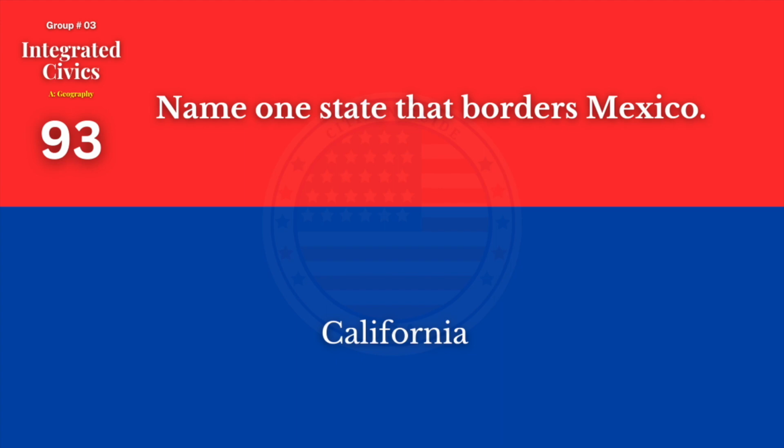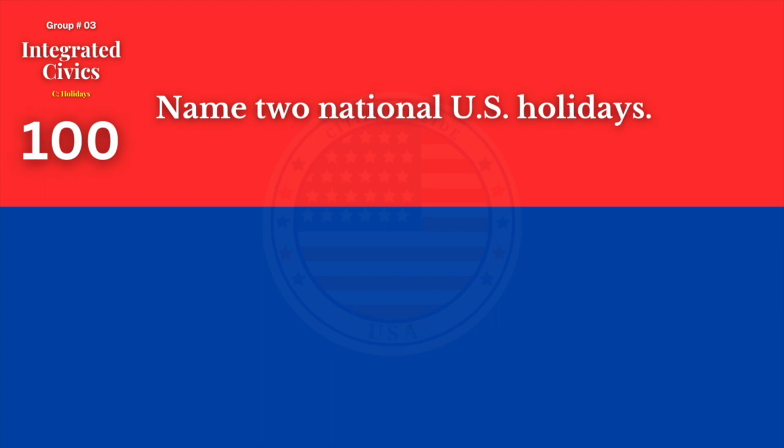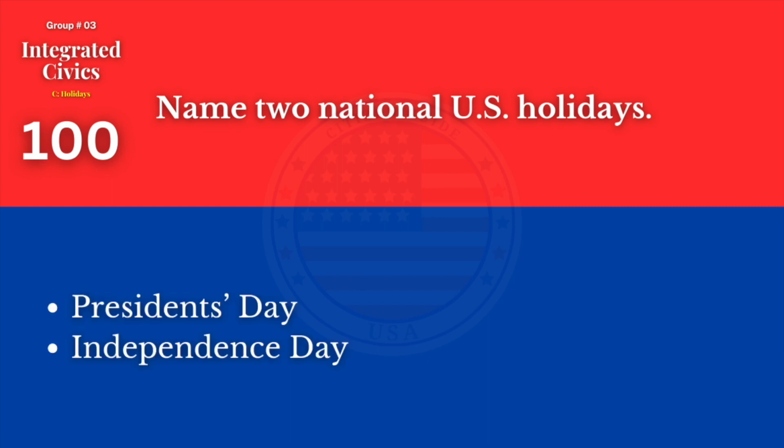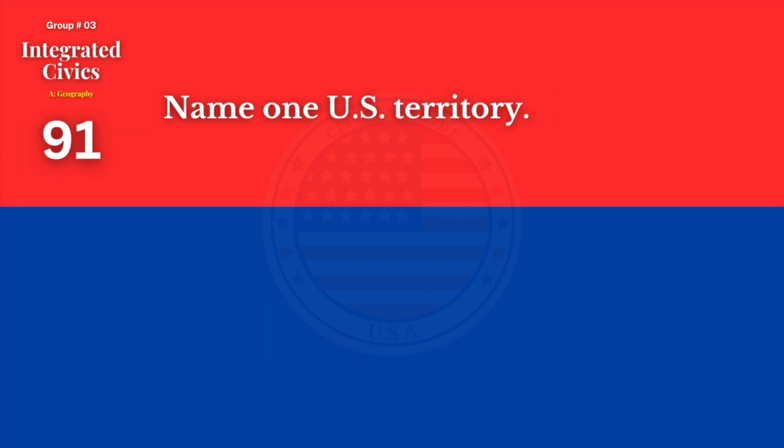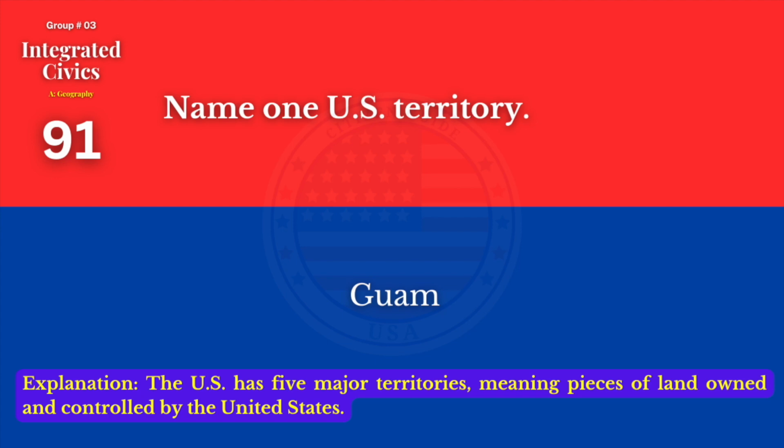California. Name 2 national U.S. holidays. President's Day, Independence Day. Name one U.S. territory. Guam.